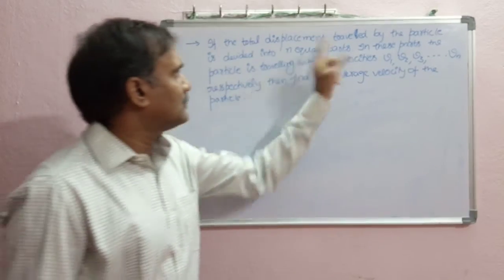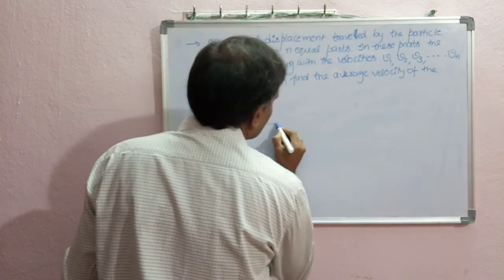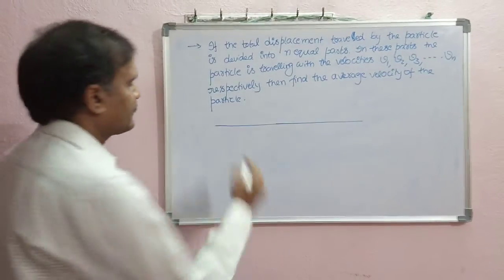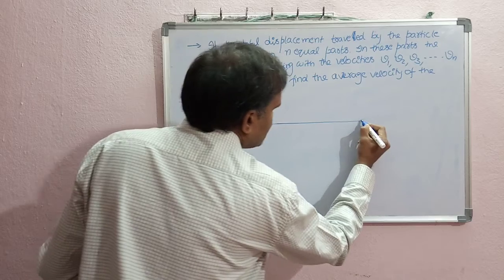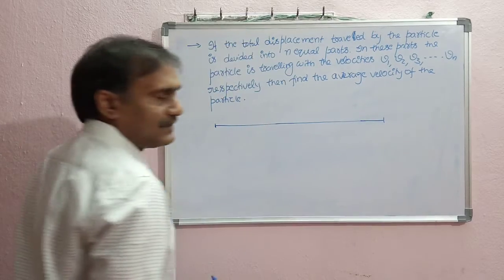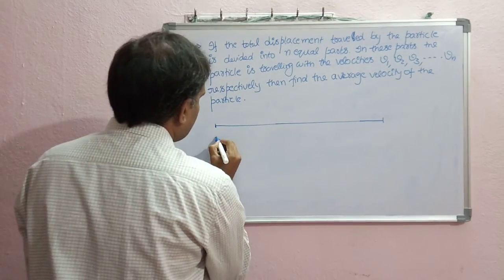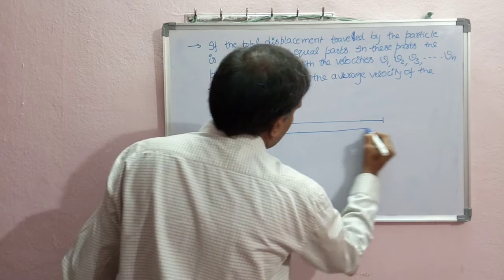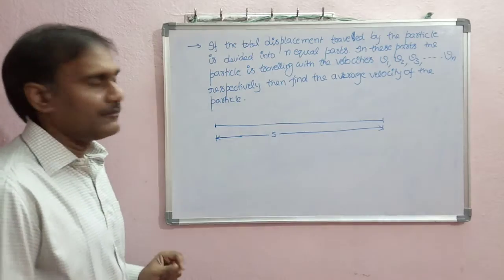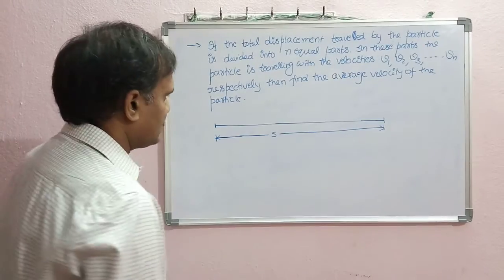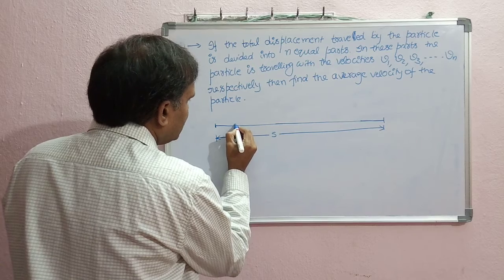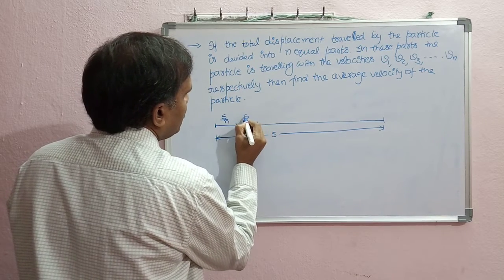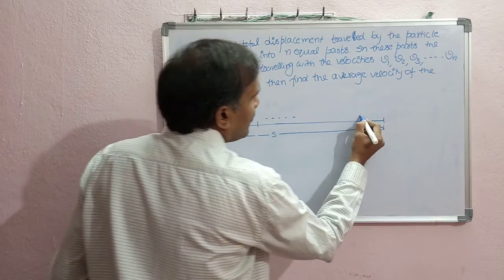Okay. Total displacement traveled by the particle. Here also you can assume the particle is moving along the same straight line. For this complete journey, I am assuming that the displacement covered by the particle is S. It is divided into n equal parts: S by n, S by n, and so on, S by n.